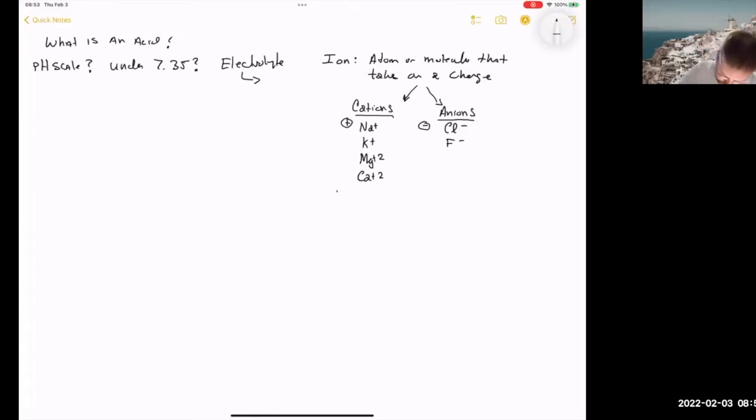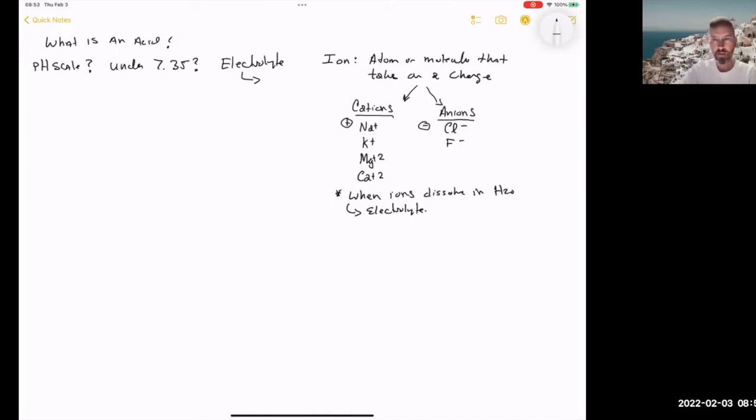When ions dissolve in water, they are called electrolytes. All right. So an electrolyte is an ion that is dissolved in water.